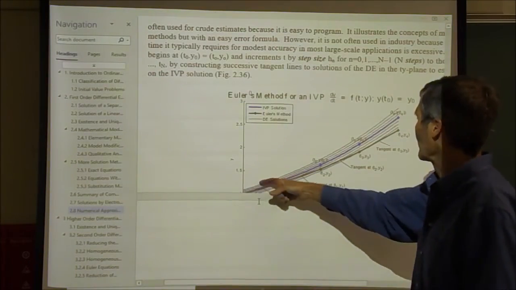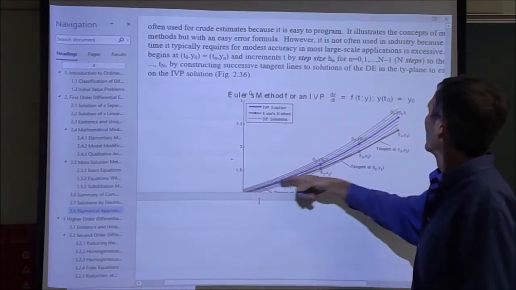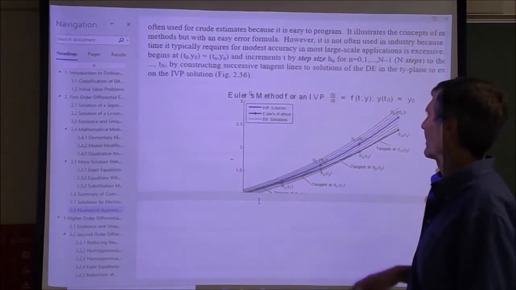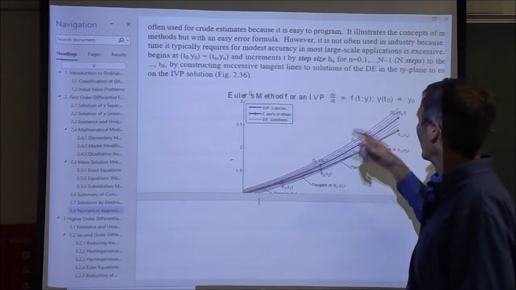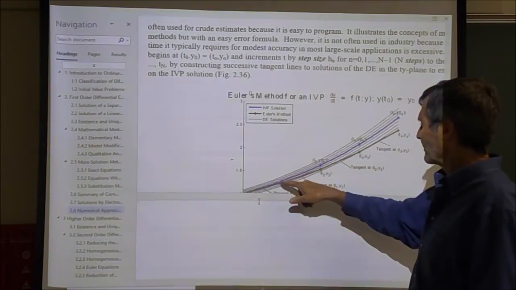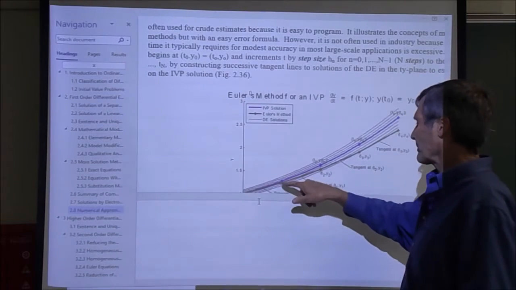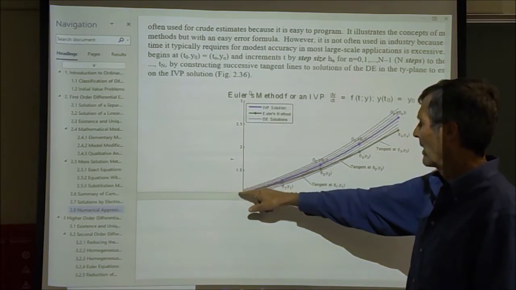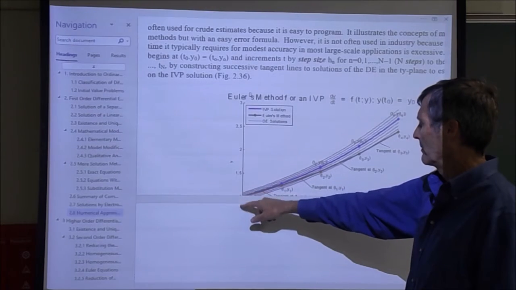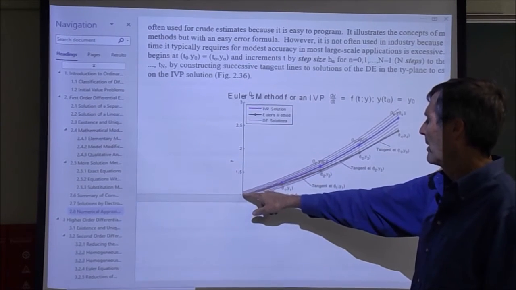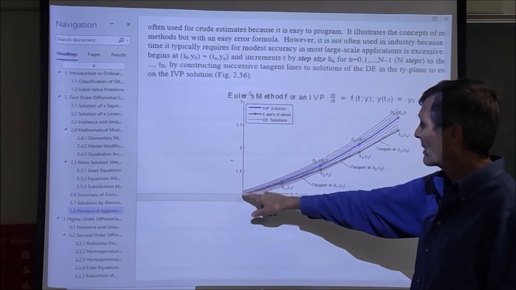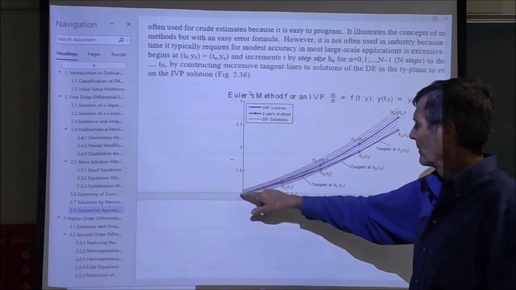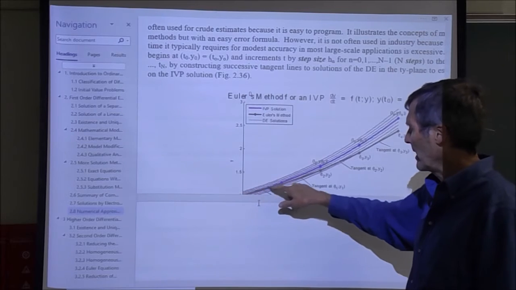Here's a whole bunch of solution curves, sometimes called integral curves, for this particular equation. If you're starting with some initial value, t0, y0 here, you could say that approximately the solution follows the tangent line to it.